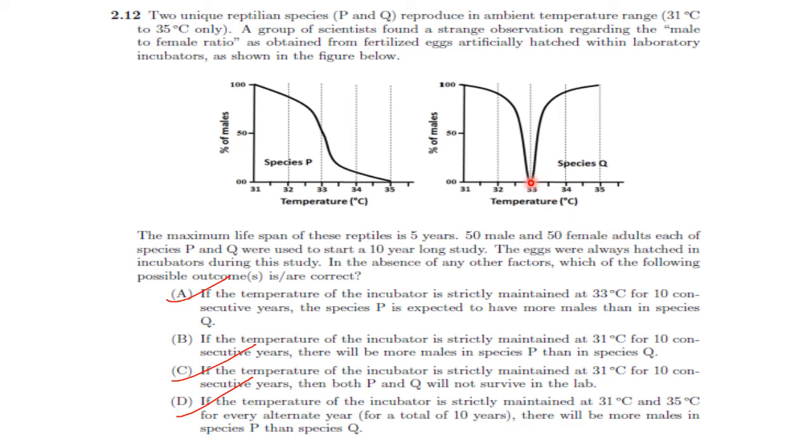So here 0 males will be present means the other 100% females will be present. So if the incubator temperature is maintained at 33 degrees Celsius, then species P is expected to have more males than the species Q.